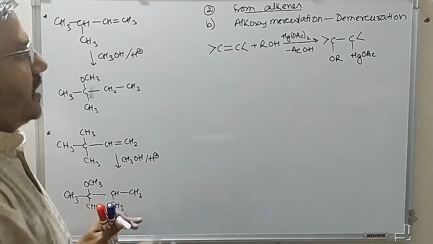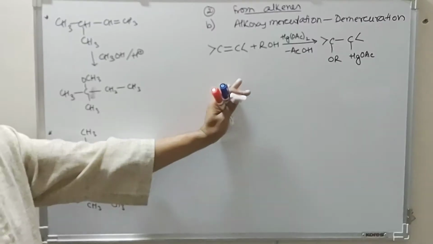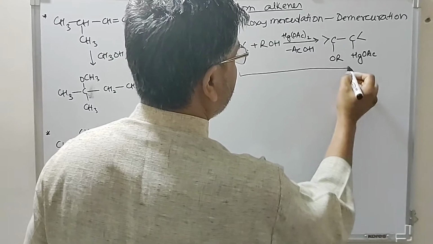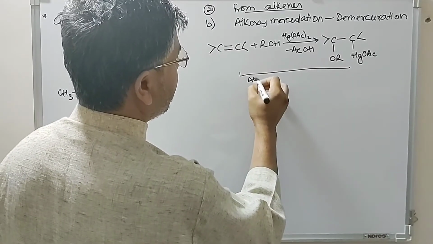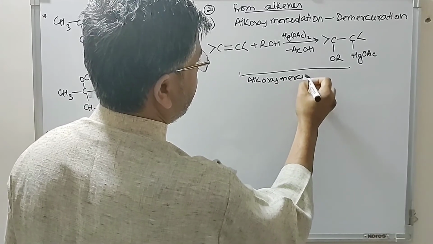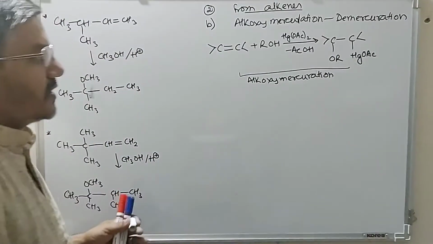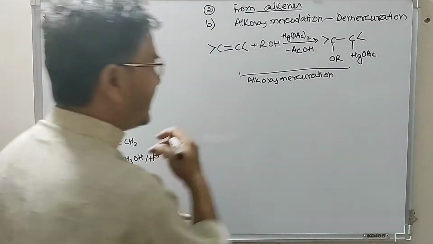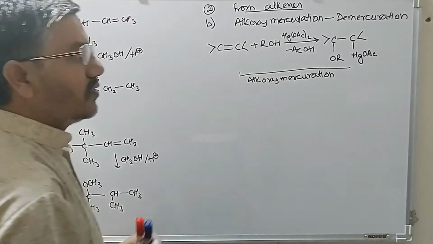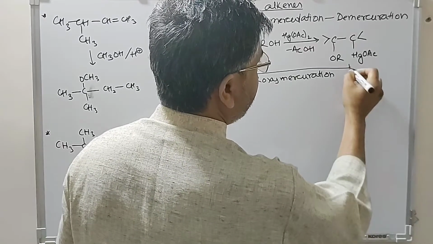So this step, addition of the alkoxy group to the double bond of the alkene in presence of mercury, is known as alkoxymercuration. So mercury and alkoxy are both added simultaneously, and this step follows Markovnikov's addition.